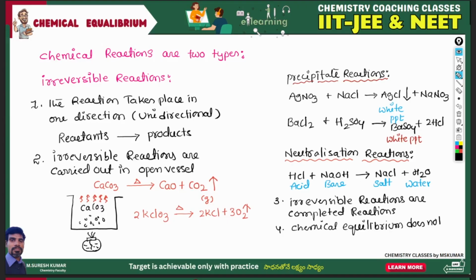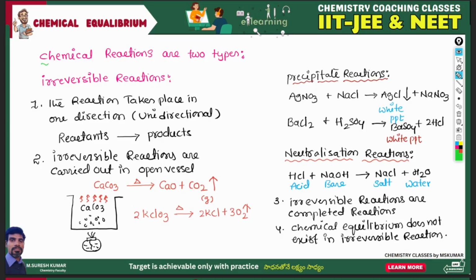Because once product is formed, reaction completed. Reaction does not proceed in both directions. It only proceeds in one direction, so equilibrium does not exist.